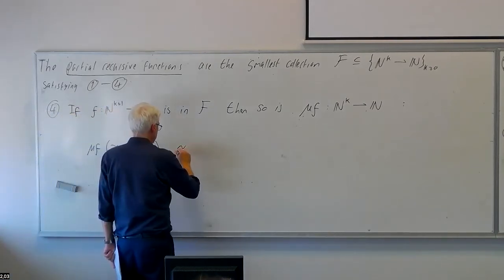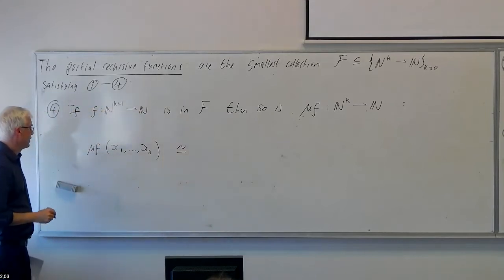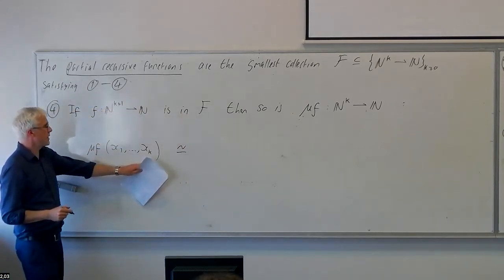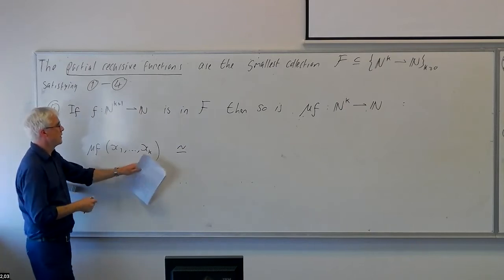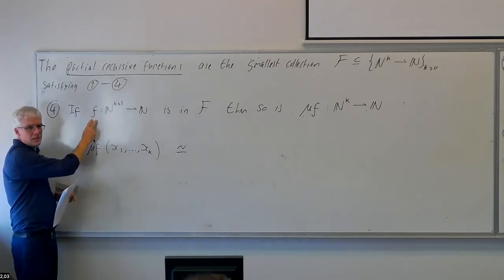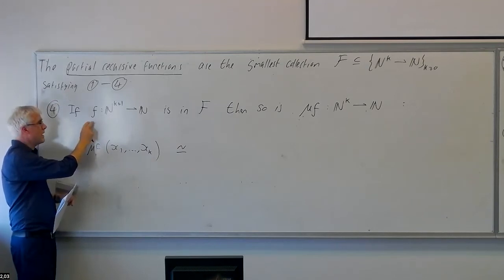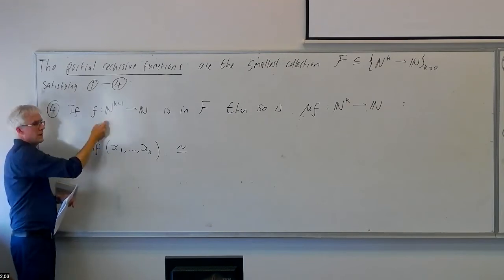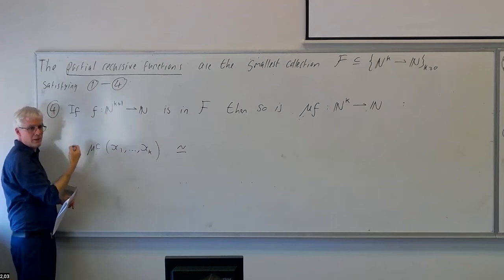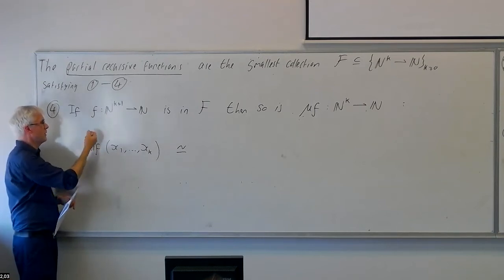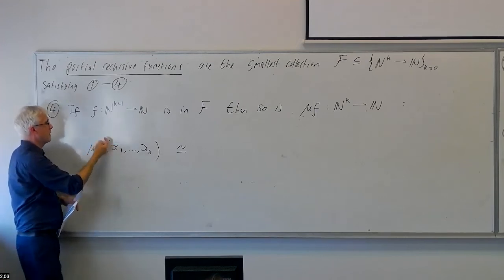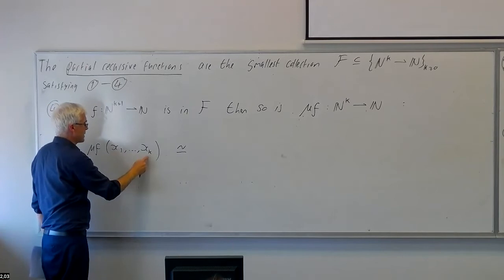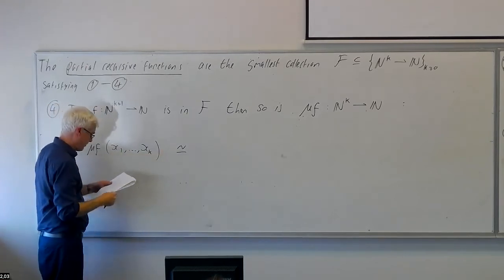And so what it does is it takes x1 through to xk, which is all but one of the arguments needed for little f. So we've got k out of k plus 1 of the arguments to give to little f. We then try to find the one missing argument for little f so that we get a 0 value by applying little f to it. And not only that, we try to find the smallest such value little x, such that if we apply little f to x1 through to xk and x, we get the value 0.